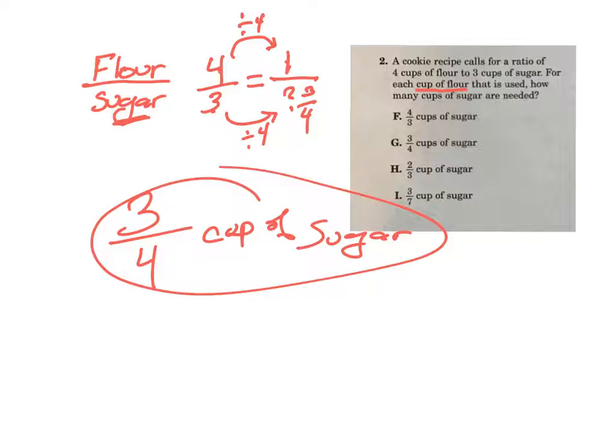Which is G. So the trick here is that it said each cup, so you want to get it down to 1 cup of flour. So you know you had flour on top here, flour to flour. So 4 cups of flour to 3 cups of sugar equals 1 cup of flour to 3/4 cup of sugar. You set up a little ratio and take it from there.